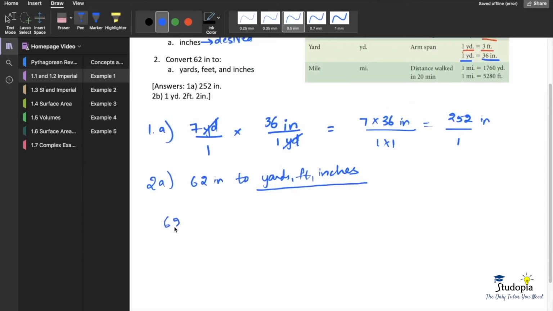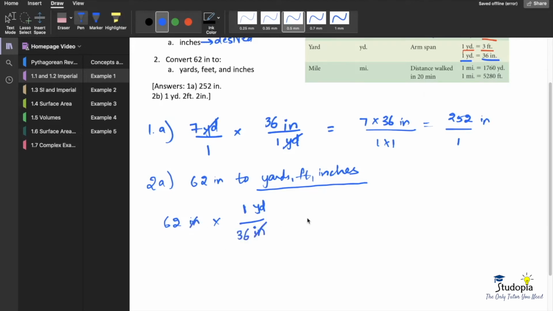So we're going from 62 inches, and then we're trying to get rid of these inches so they go in the denominator. My first desired unit is yards, so I'm going to put it up here. What do I know again? 1 yard is 36 inches. The number in front of yard is 1. The number in front of inches is 36, so it goes down here.